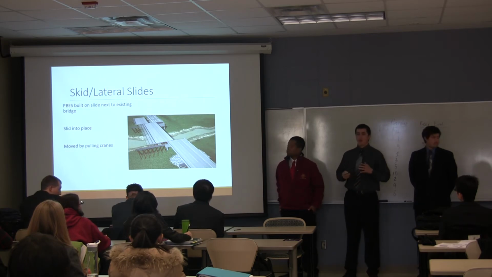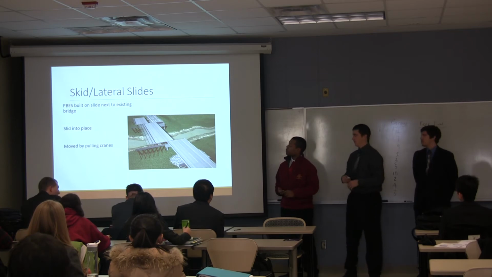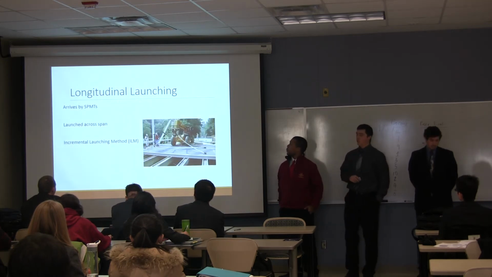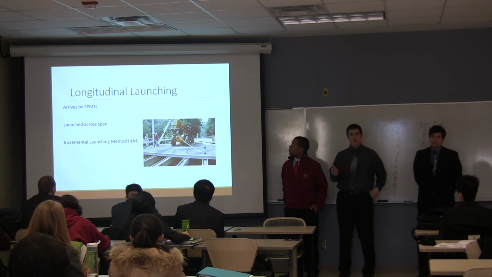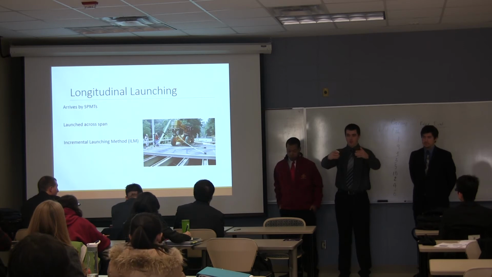They use pulling cranes to pull that in, so it's a lot easier than building a bridge right there without closing the road. Another thing is longitudinal launching. They use the SPMTs to move them up close to the edge of the abutment, and then just place the bridge across the span that way.